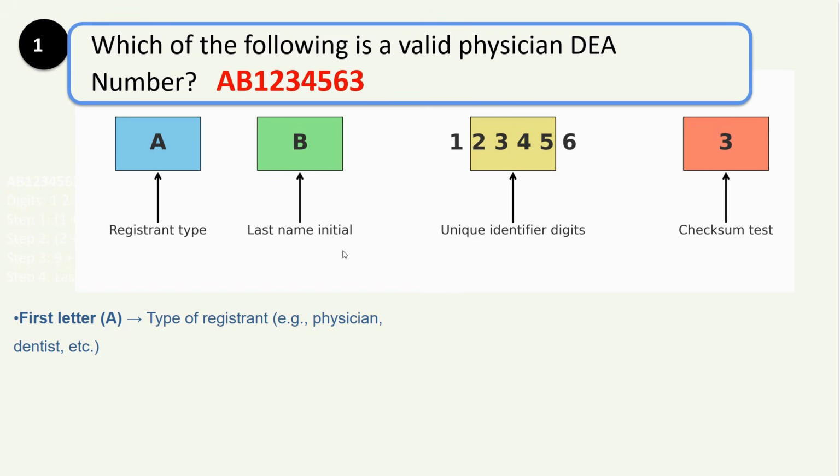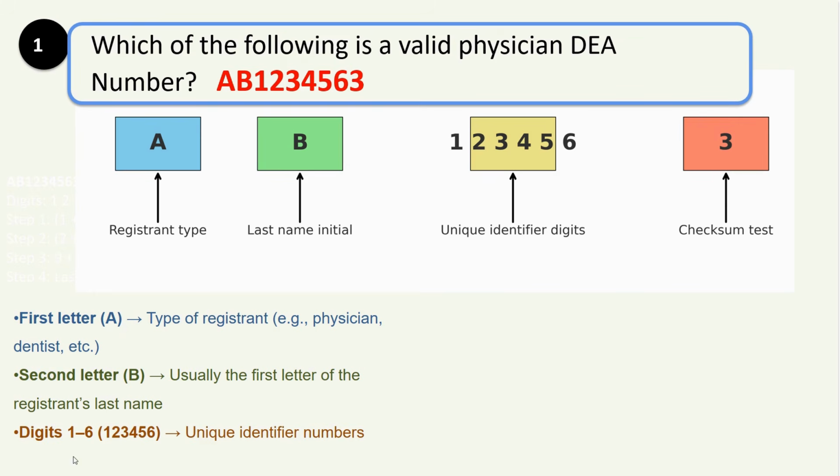Usually it is the first letter of the registrant's last name. And then you have six numbers here, in this case 1 to 6. Those are called the unique identifier numbers for each valid DEA number. And then the last one is the checksum digit.